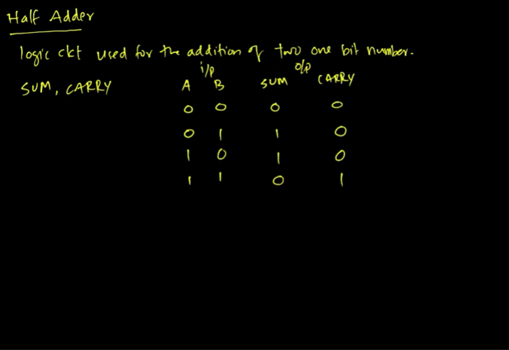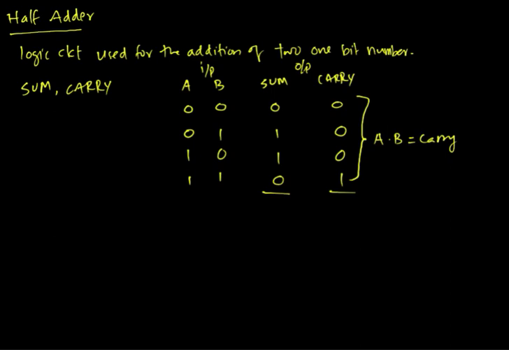From this, if you analyze the two outputs, the sum and carry, you can see that the carry is exactly like the logical operation A AND B. So carry is A AND B in the case of a half adder.